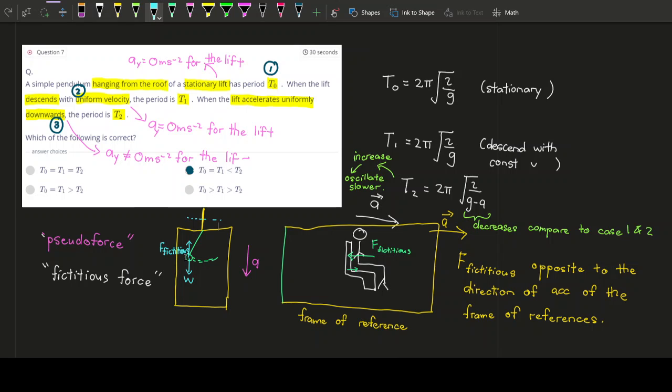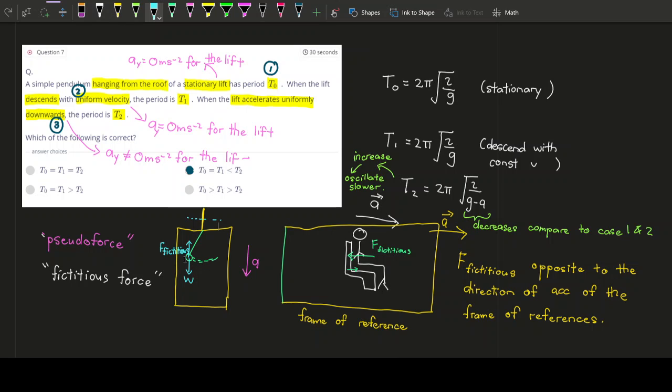If it's floating in the lift, you can't oscillate like this. You can think that it takes an infinite amount of time to oscillate back and forth, because it cannot travel downwards, as you are accelerating with the same acceleration downwards. So this ball cannot go back to the equilibrium position, which means it cannot complete the oscillation.